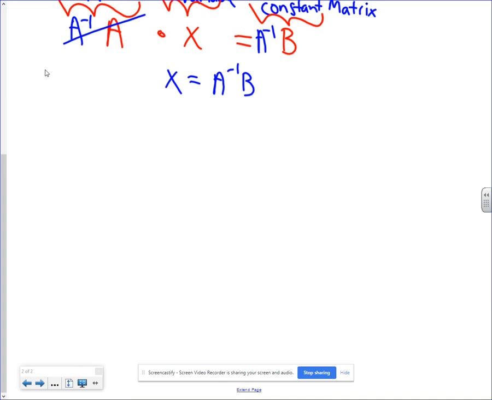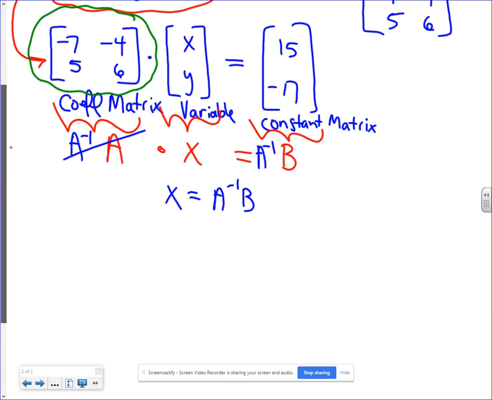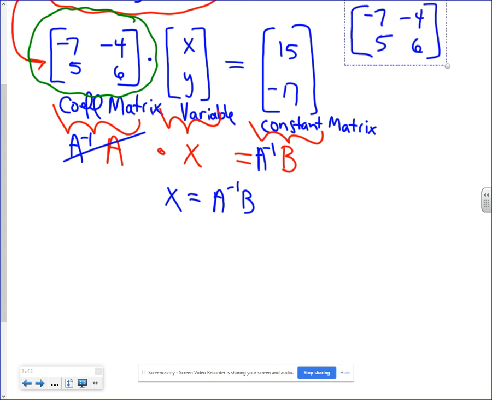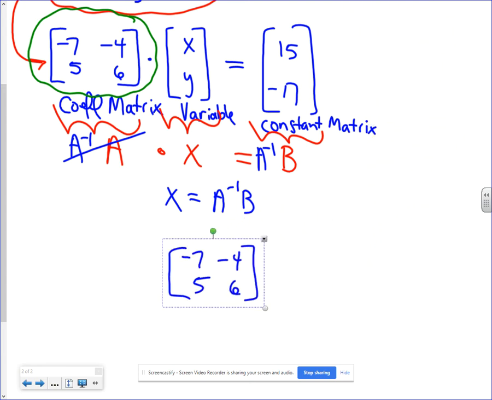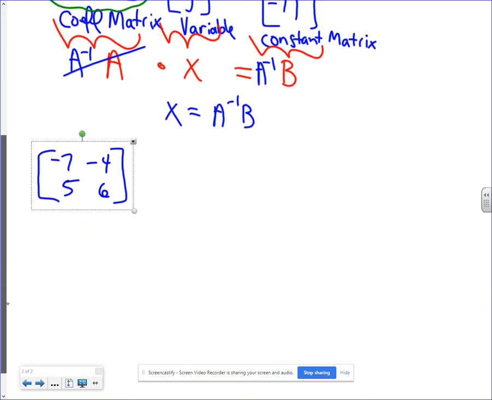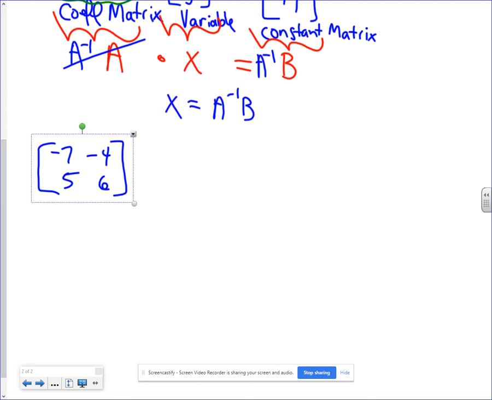So I need to see if this matrix here, my coefficient matrix, has an inverse. So does this have an inverse? Well, to determine if it has an inverse, you calculate the determinant. So we're going to find the determinant of A here.